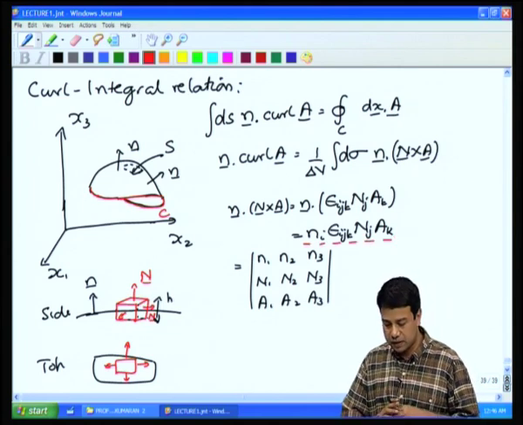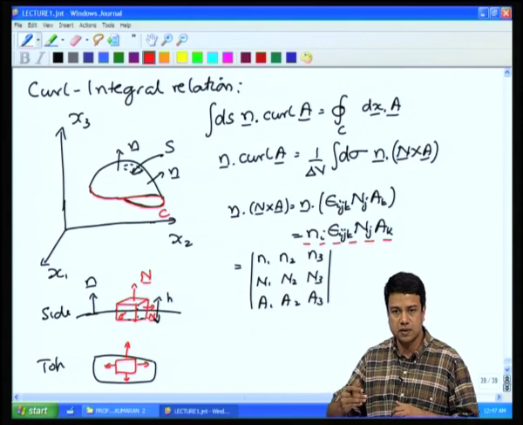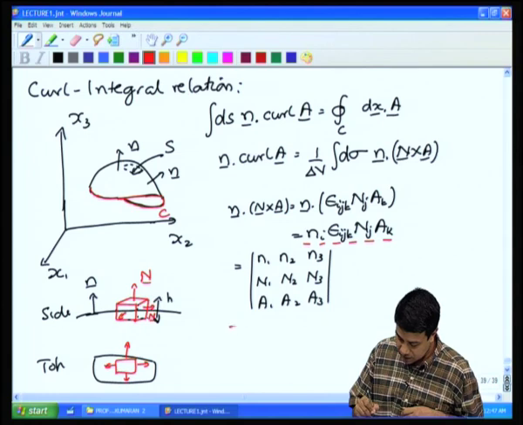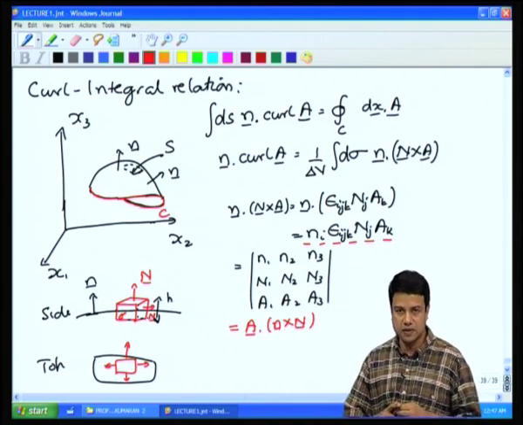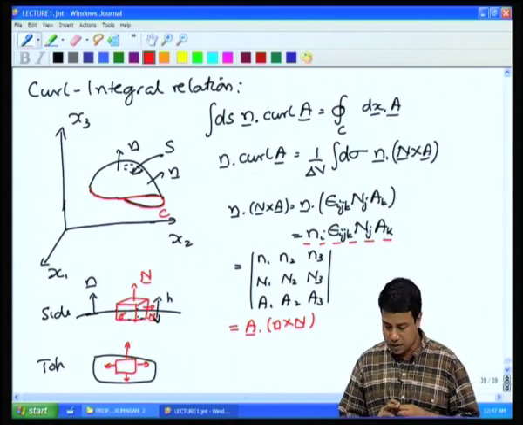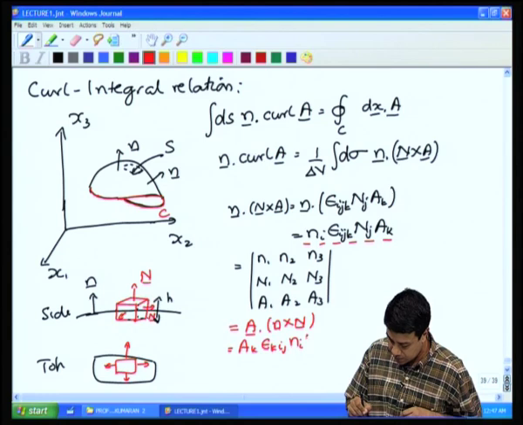However, you know that in n dot n cross A, you can interchange the order, because if you interchange two rows, you will get back the same matrix. So, I can also write this as A dot n cross n, because it is a triple product. And the same thing you will get out of here. So, this will be equal to A k epsilon k i j n i n j.